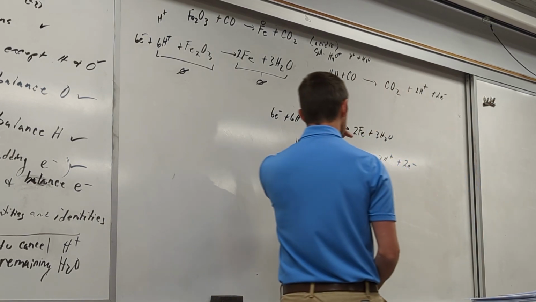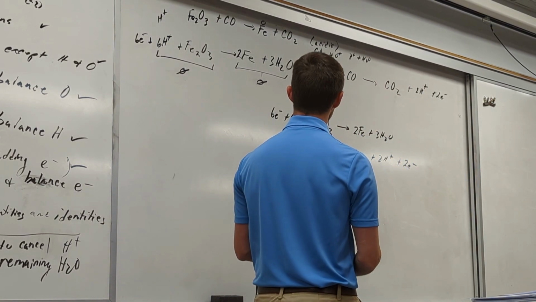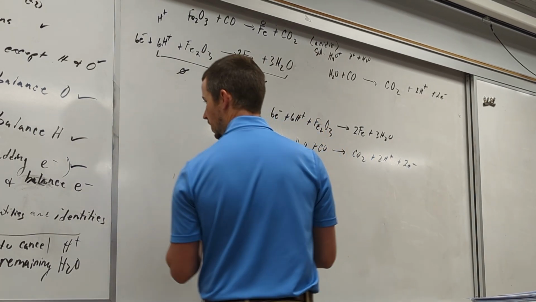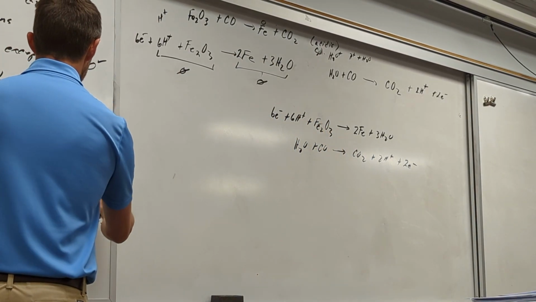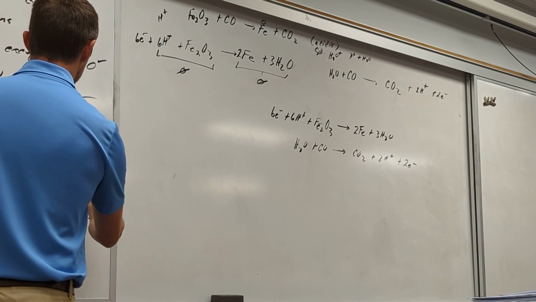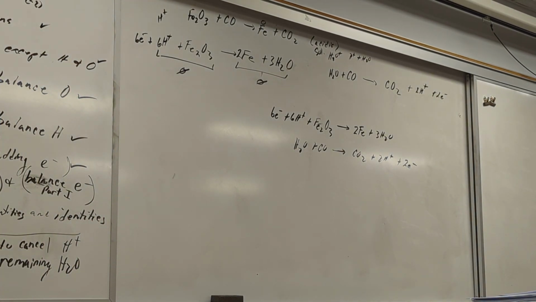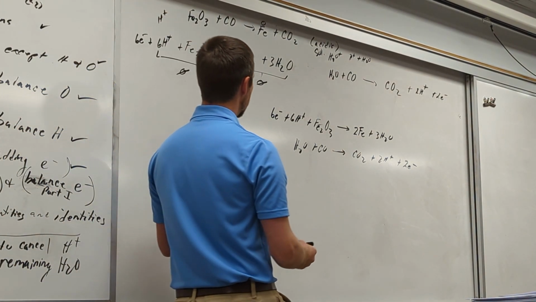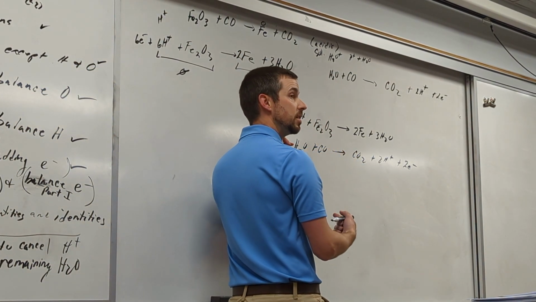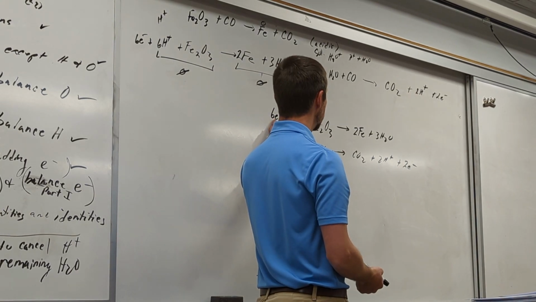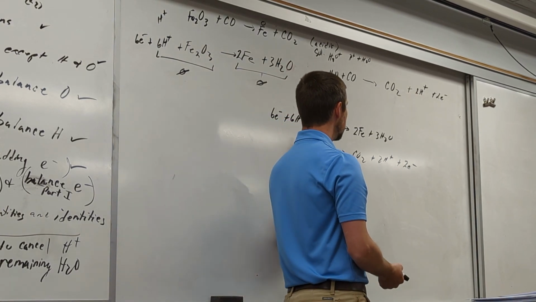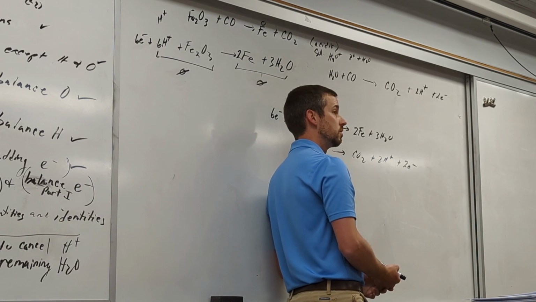All right, now we're going to add them together, and as we do that, we need to balance the electrons. So maybe this is like part 1 of this step, and this is like part 2. Okay, so 6 electrons here. Whatever is oxidized has to be the same number of electrons reduced. We need a common multiple of 2 and 6, which is 6.